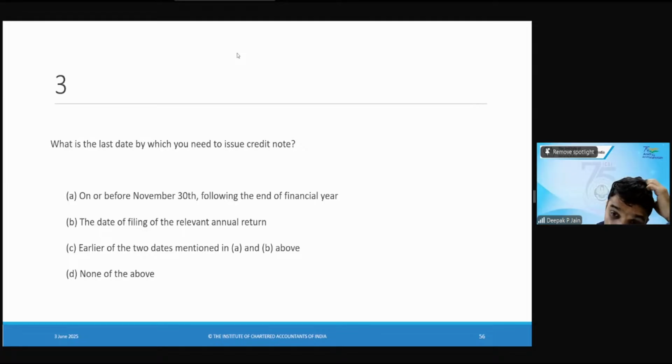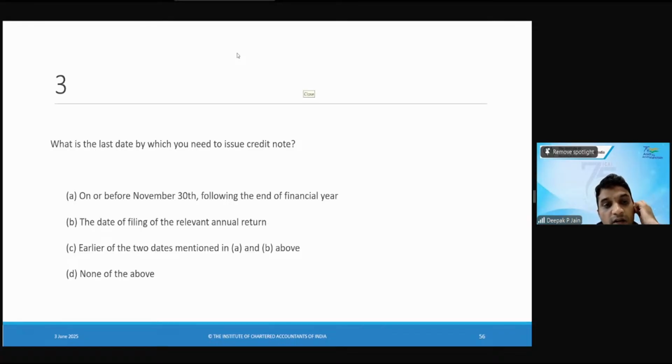What is the last date by which you need to issue the credit note? Yeah, once you raise the credit note, you have to report it, Anubhav.